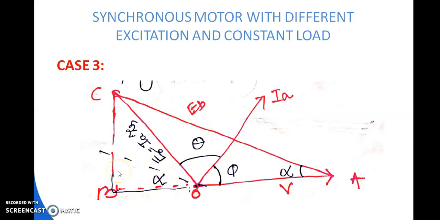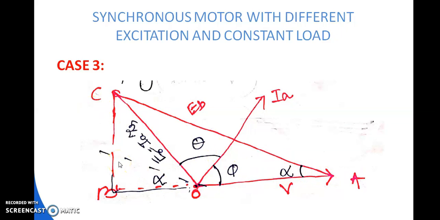Here we can analyze the phasor diagram. Here O to A we have taken voltage as reference. As this is the case of leading power factor, IA will lead V, and the angle between I and V is phi. Here AC is the back EMF EB. The angle between the voltage reference and back EMF is alpha.